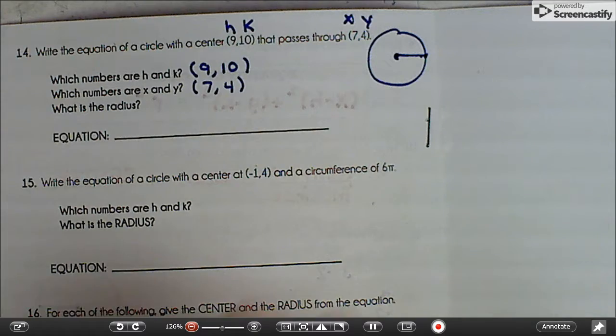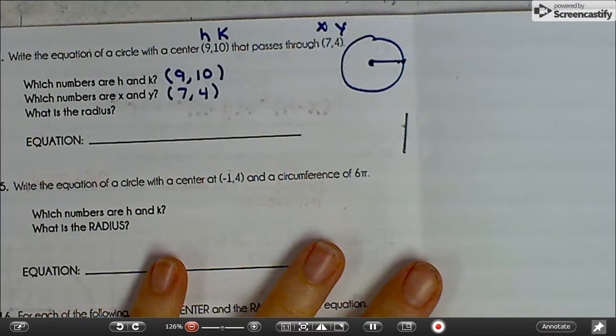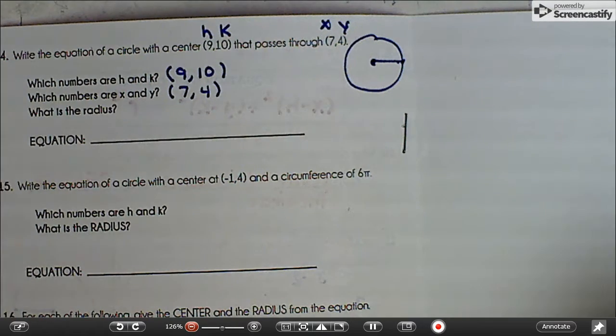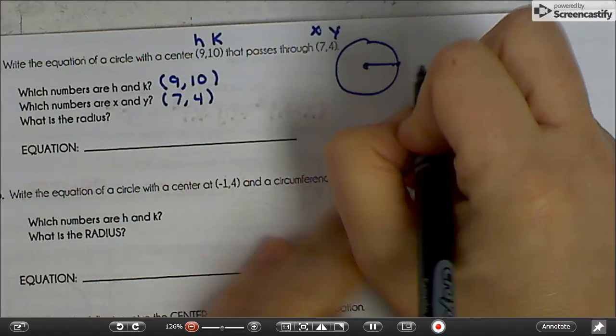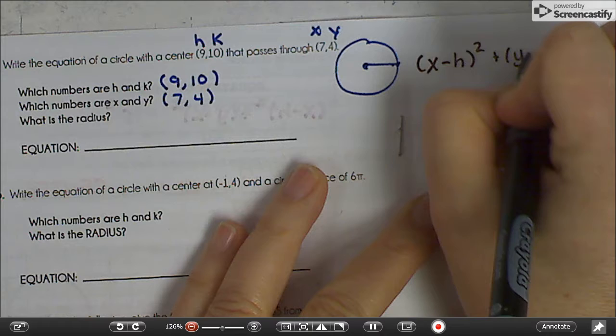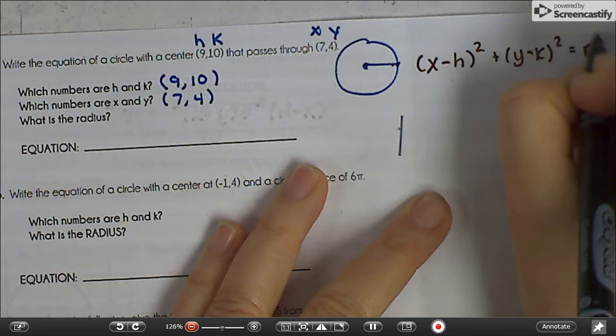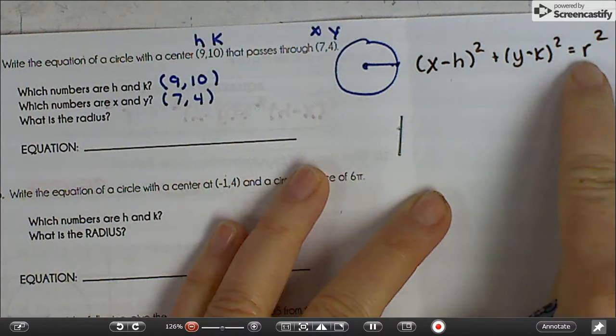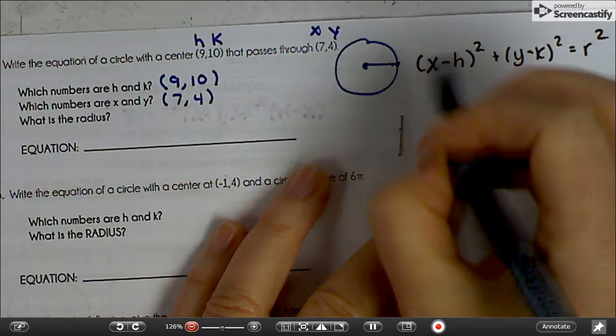The other way you could do it, and I'll do it that way because it's really the same thing, is you can use the equation of a circle, because in the equation of a circle, (x - h)² + (y - k)² = the radius squared. This can solve for the radius too. So I'm going to plug in what we know.